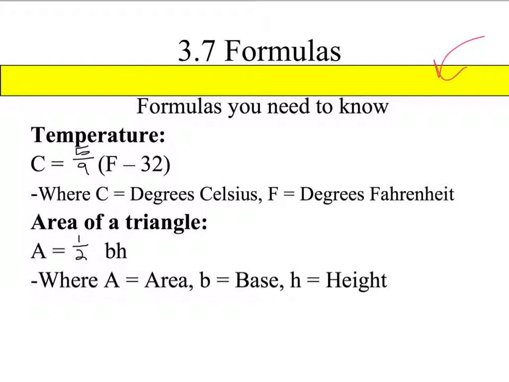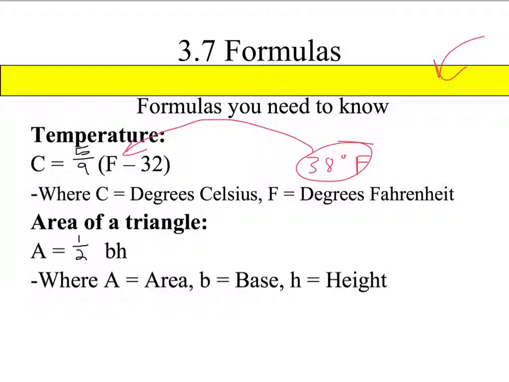If it's 38 degrees Fahrenheit outside, you can plug that 38 in for F, subtract 32, multiply by 5/9, and you will get your Celsius. So if you know your F, you can figure out your C. Today we're going to know our C and have to solve for F. It's going to be slightly different on this end, but we're going to be able to do it.